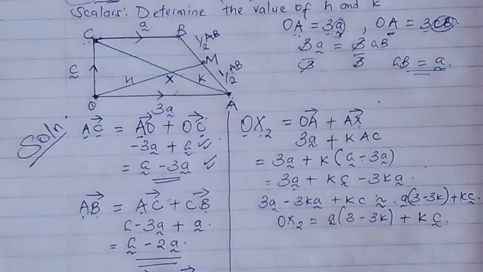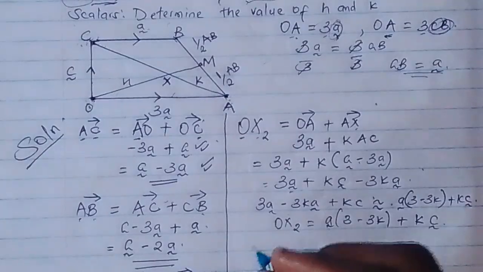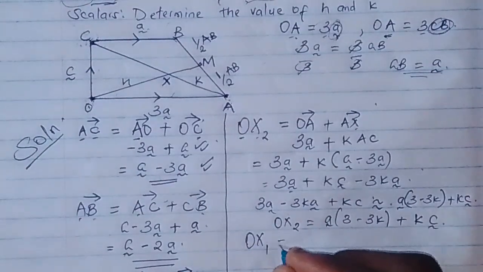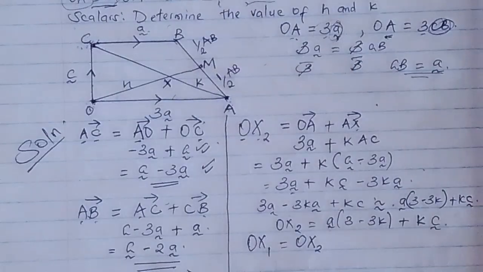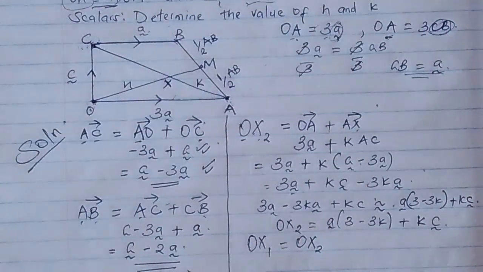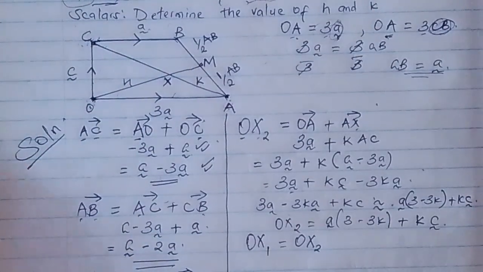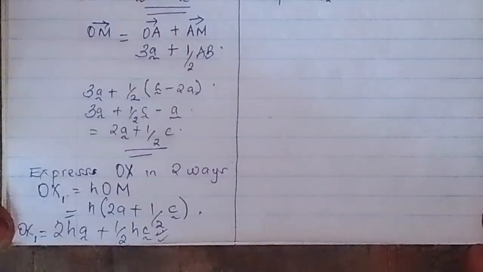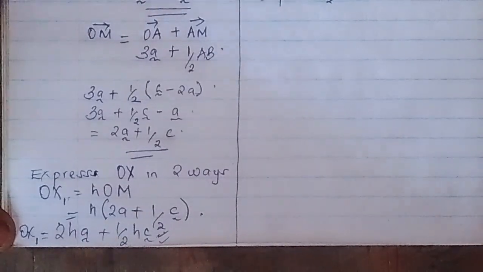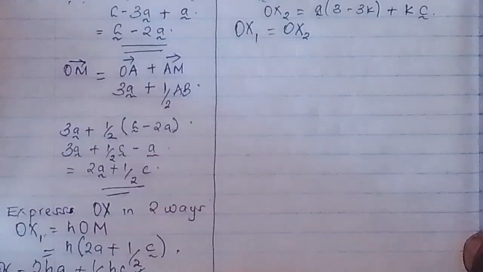Now remember, all these are the values of OX, so it means OX1 is equal to OX2. Our OX1 we had as 2ha plus a half hc.